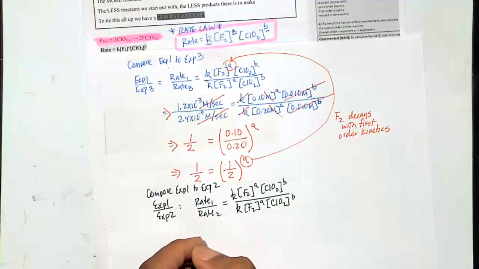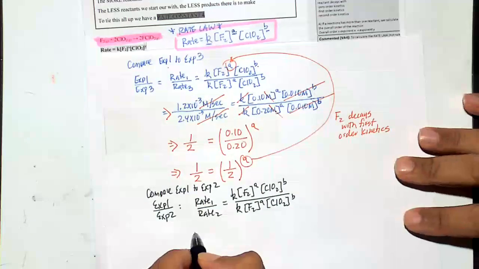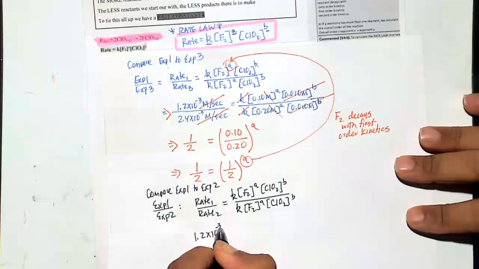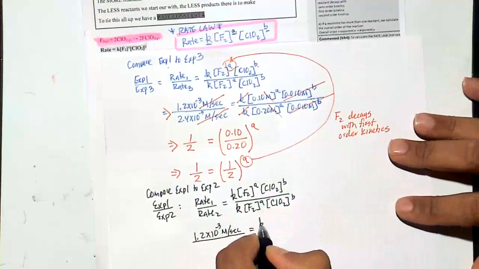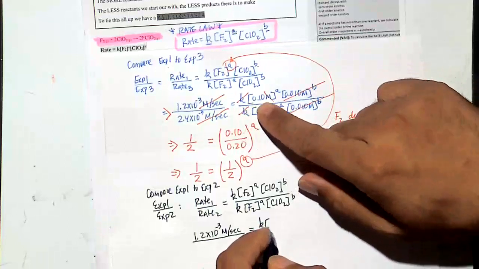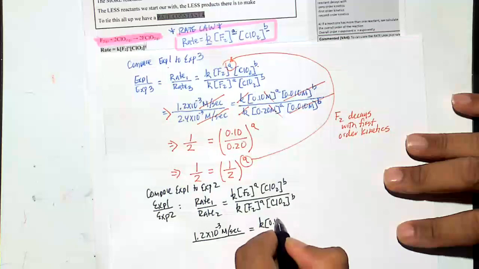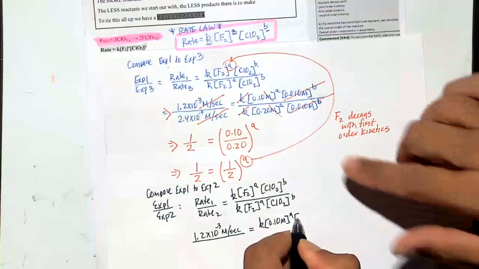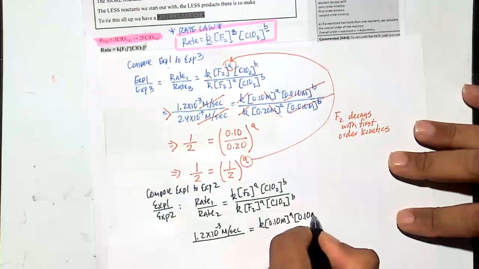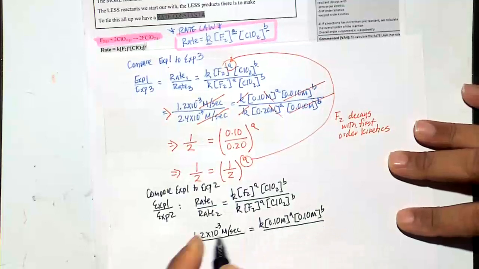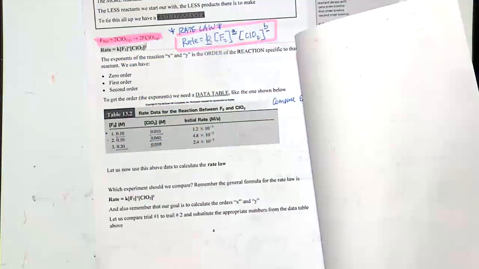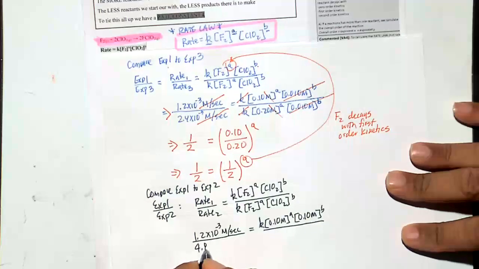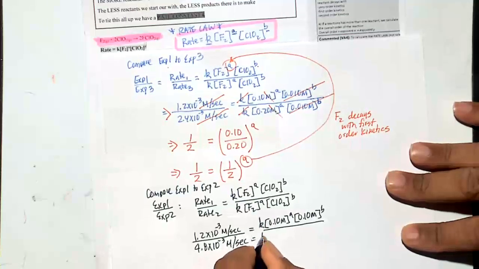Asia, what's rate 1 for experiment 1? Oh, it's right here. 1.2 times 10 to the minus 3 molarity over seconds equals K times F2, which is 0.10 molar to the power of A, times ClO2 to the power of B. Okay, what is rate 2? 4.8 times 10 to the minus 3 molarity over second.